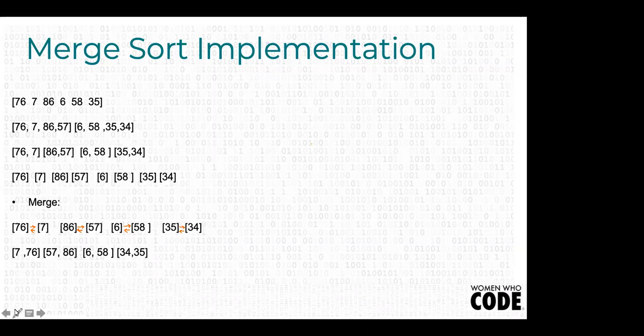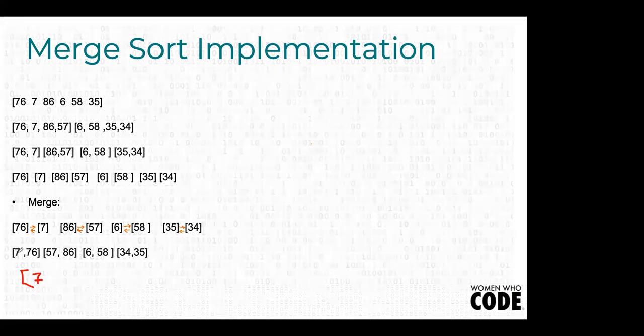Let me try to draw something here. So compare 7 with 57. You know that 7 is smaller, so you have 7 here. And you increment the pointer of this array. We have 2 pointers here, one for this array and one for this array.